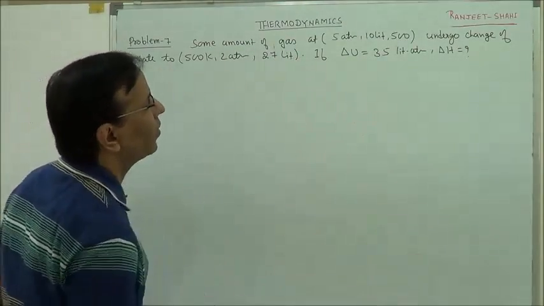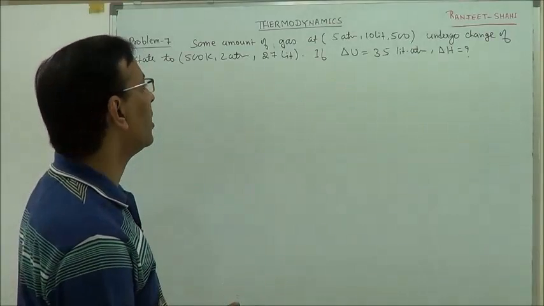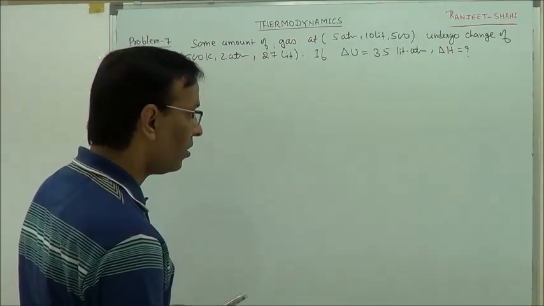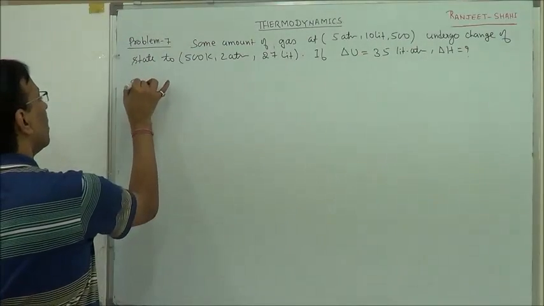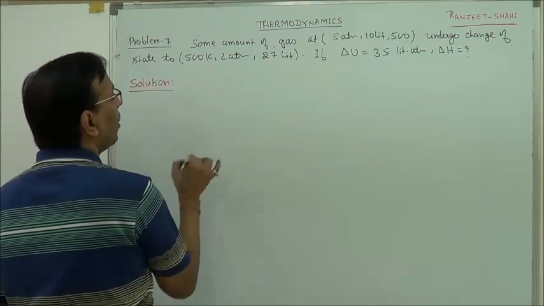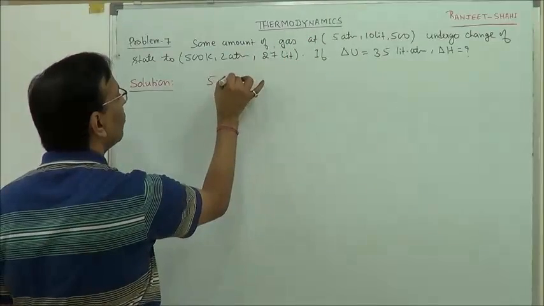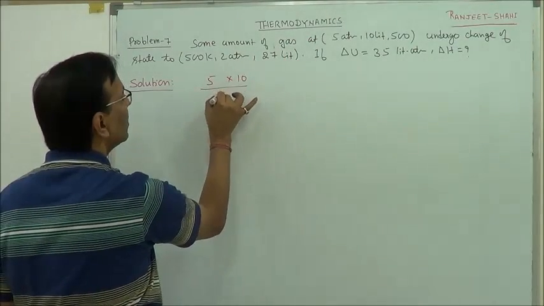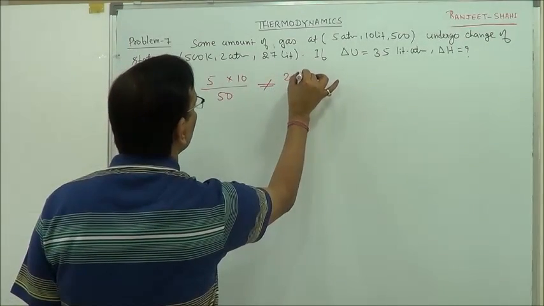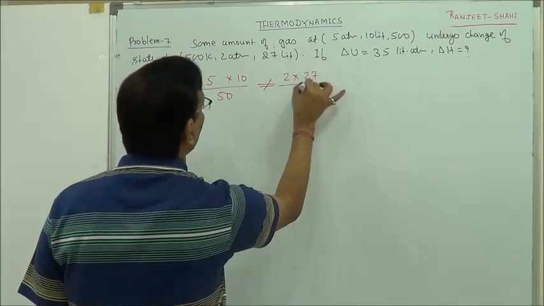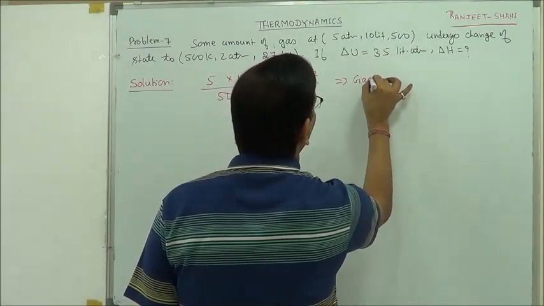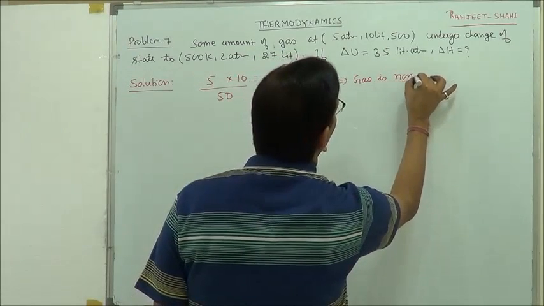Ideal condition is not given, so we must check whether P1 V1 upon T1 is equal to P2 V2 upon T2. It is not. So gas is non-ideal.